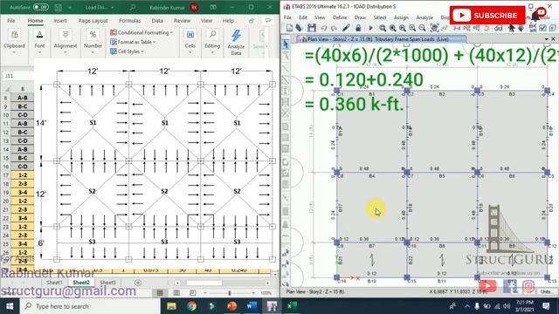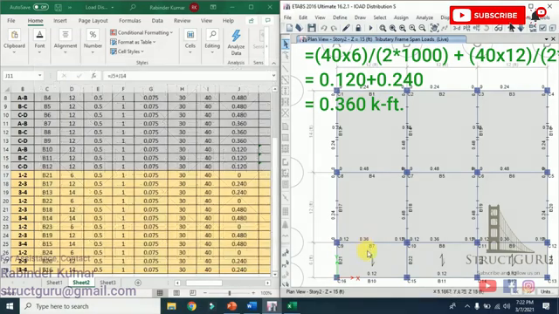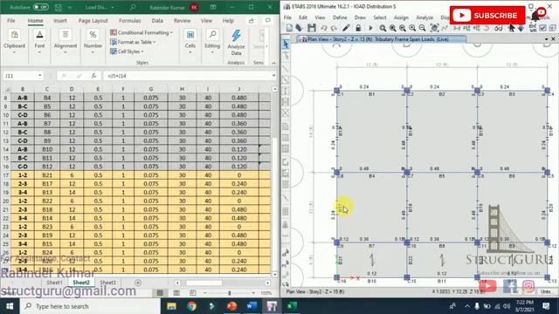The triangular load from this side is equal to 0.240, and the rectangular load from this side is 0.12. So this makes 0.36. And in a similar manner, the load is calculated for the rest of the beams shown in this building plan.